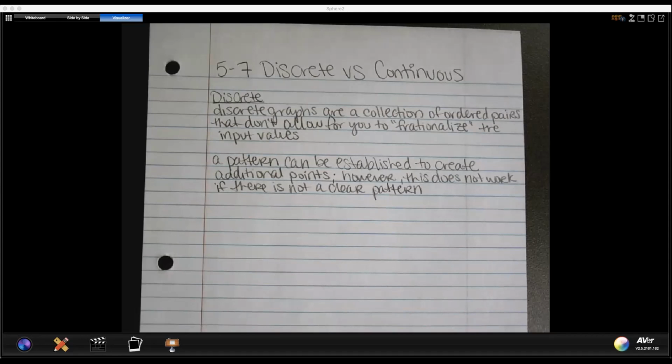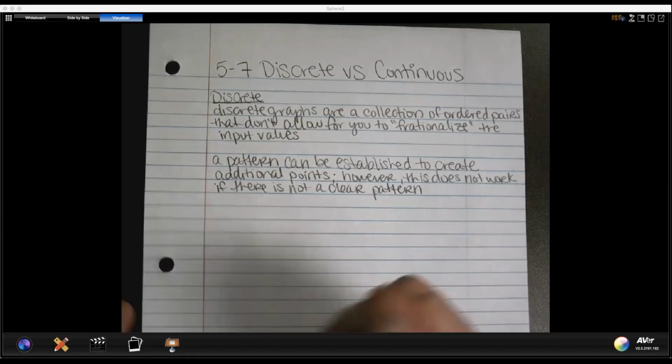So we're going to write down an example where it talks about how I could have discrete data, but not necessarily having a pattern, okay? Because you could have discrete data that follows a pattern, and you could have discrete data that does not follow a pattern.